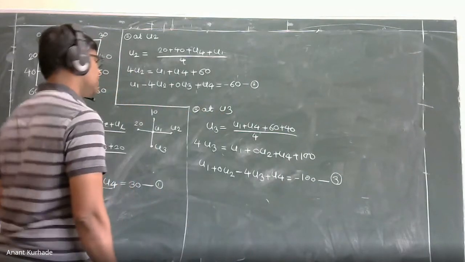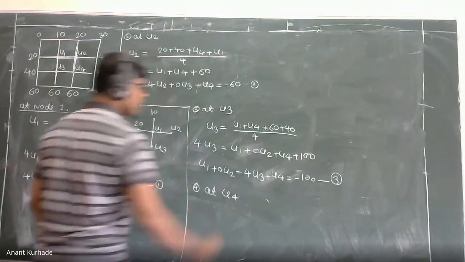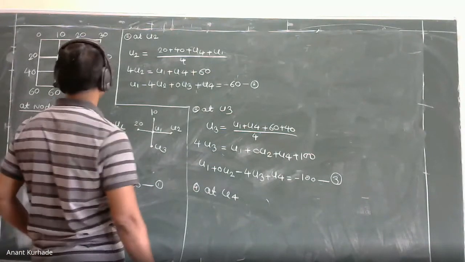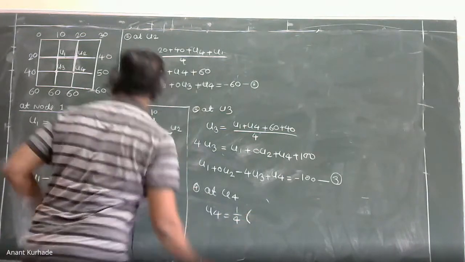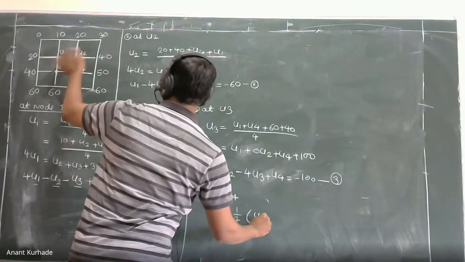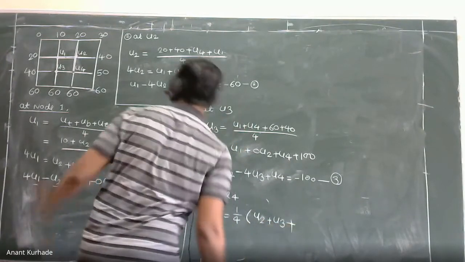Now the fourth one, U4. Tell me. U4 is equal to 1/4 into U2 plus U3 plus 50 plus 60.